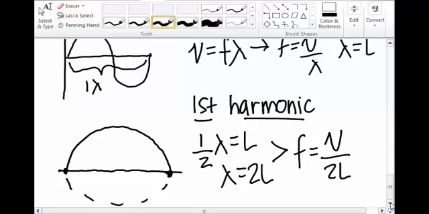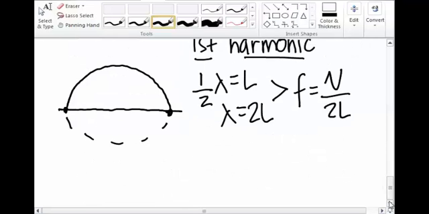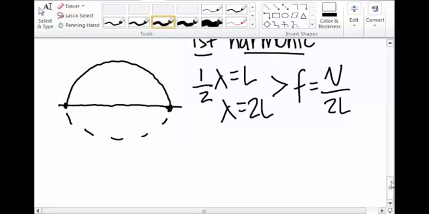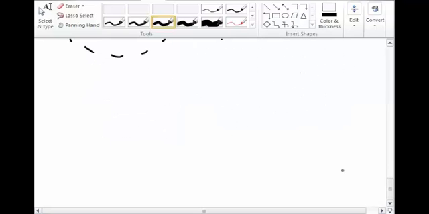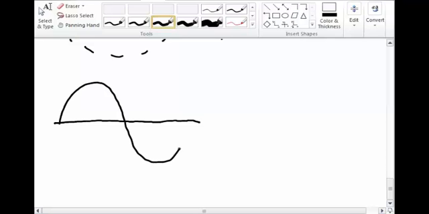Alright, so I'm going to move on and we're going to look at the second harmonic because I want to see if I can find a pattern here. So what if I have this right here? How many nodes and how many antinodes do I have? How many nodes? 3. 1, 2, 3. Okay, how many antinodes? 2.